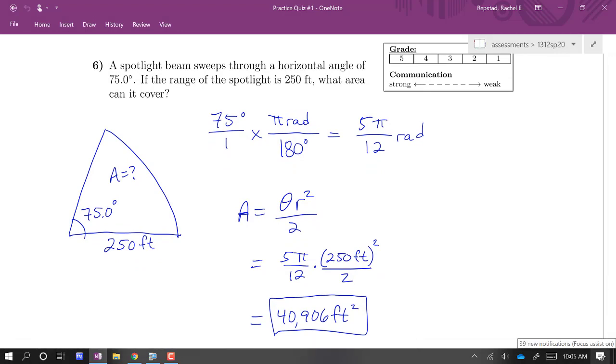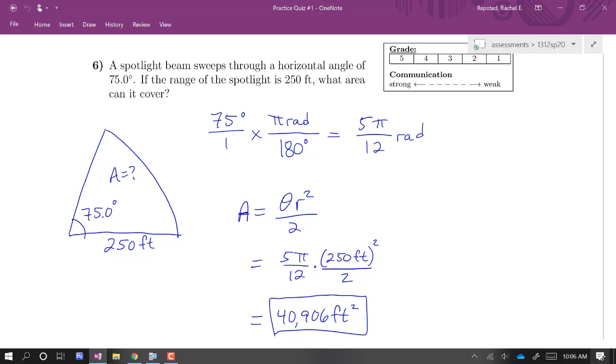So that just means like this. Think of this as a bird's eye view, an overhead view. Here's the spotlight, and it's just rotating. It covers 75 degrees. And the spotlight can reach 250 feet away. So through a full rotation, how much area is accounted for? Not that it's all illuminated at the same time, but over time it will illuminate how much total area.